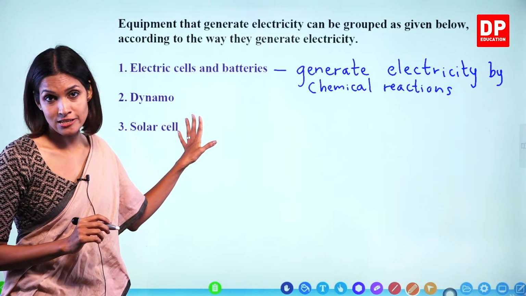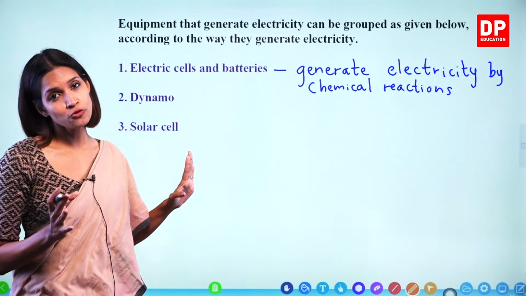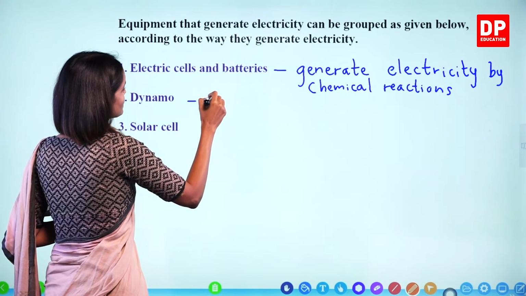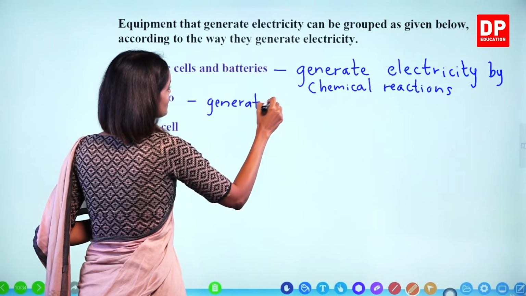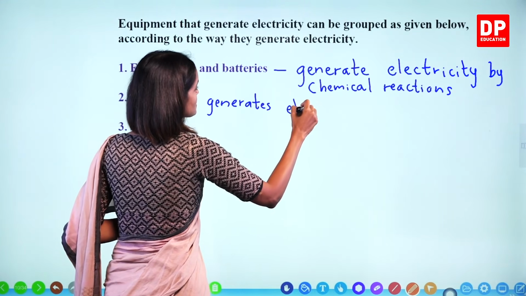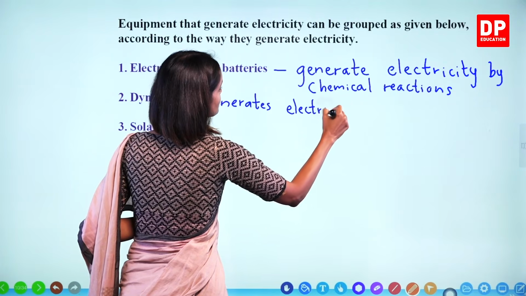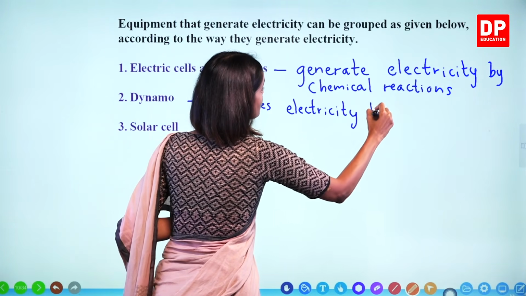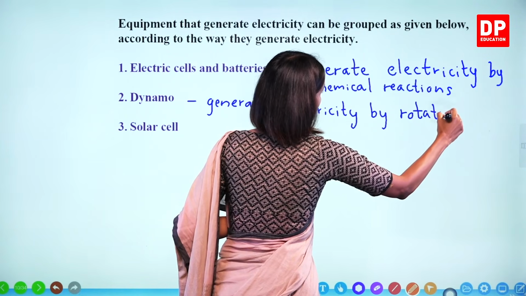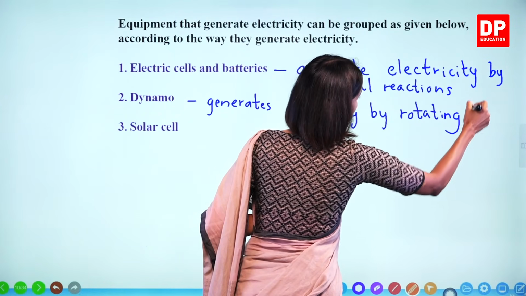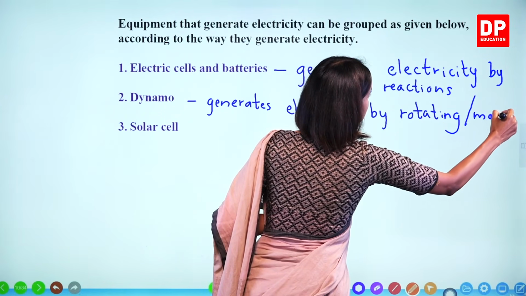Dynamos generate electricity by rotating or moving. I will write the slash, rotating or moving.